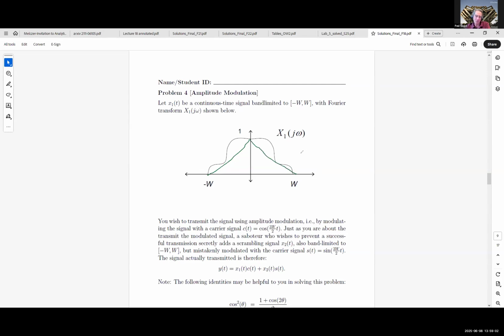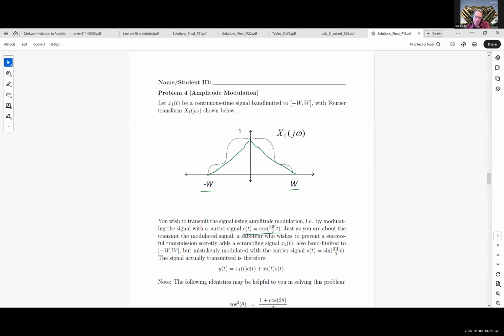It was just to make it general. And so the idea is you're going to use amplitude modulation to transmit it. You're going to multiply by this carrier signal, cosine of 3w over 2 times t. So the original signal is band limited to minus w to w, so that we kind of know what goes on there.